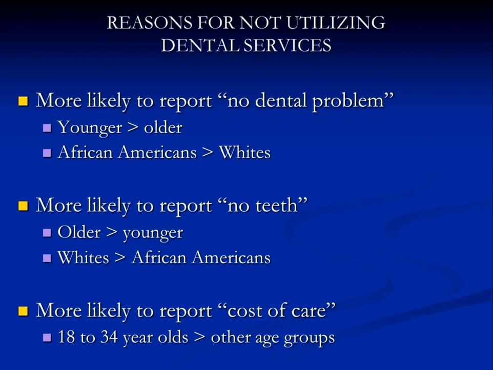The 18 to 34-year-old age group was the category that was most likely to report cost of care. So when you looked at who was citing cost of care, it was our 18 to 34-year-olds. And that makes sense because that population is just starting their adult life. They're starting their careers, and they have the least discretionary income overall.